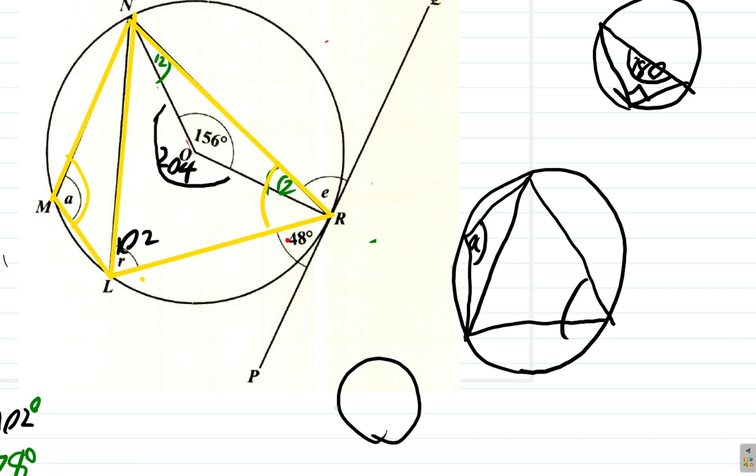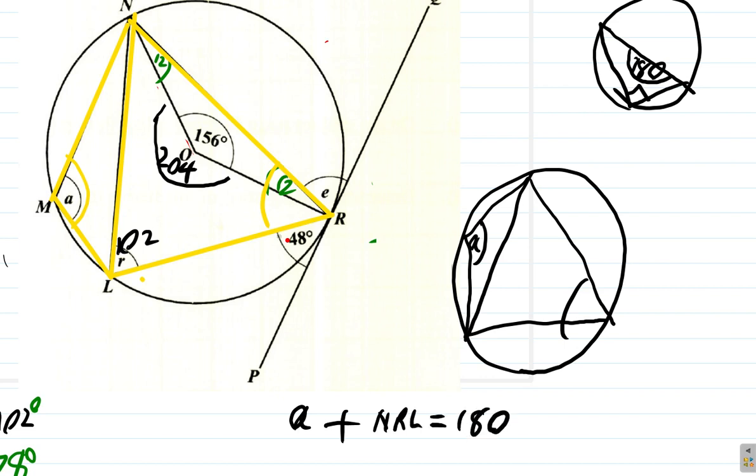It's like when you have the circle and you have the diameter. This is 90. This is 90. Alright? And these 90s add up to 180. Alright? So the situation here is that angle A plus angle NRL equals 180.